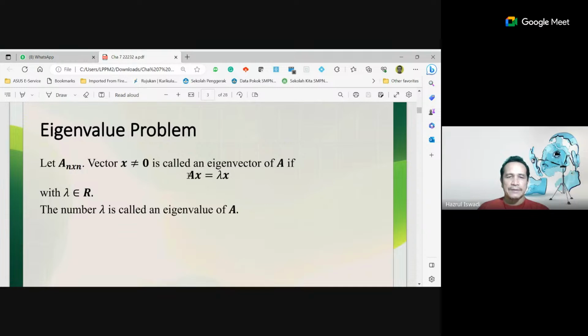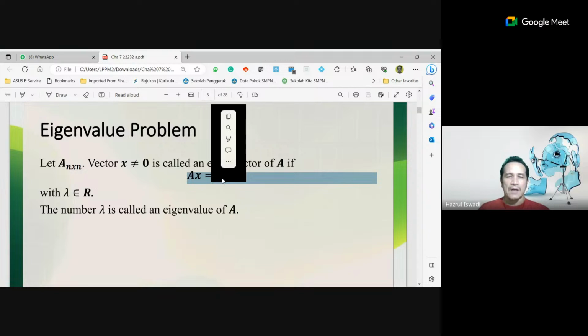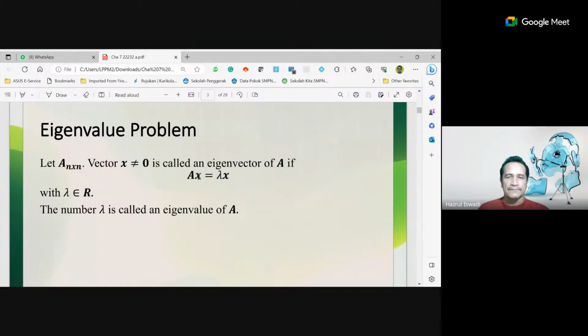In engineering problems, this condition is important. There are several conditions that fulfill it. So we must know how to find vector x and the value of lambda.